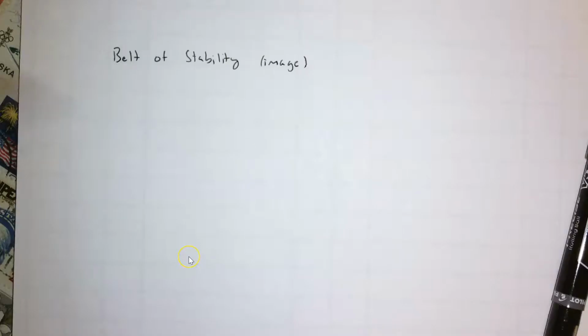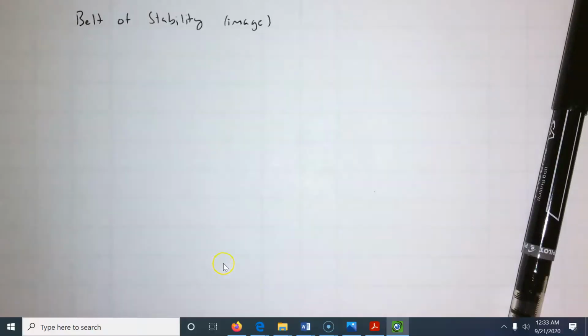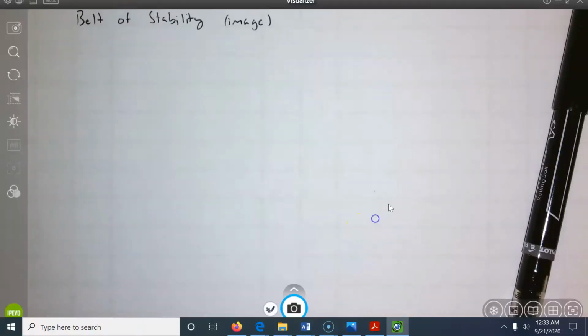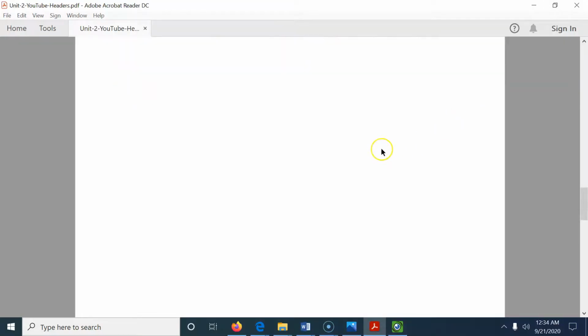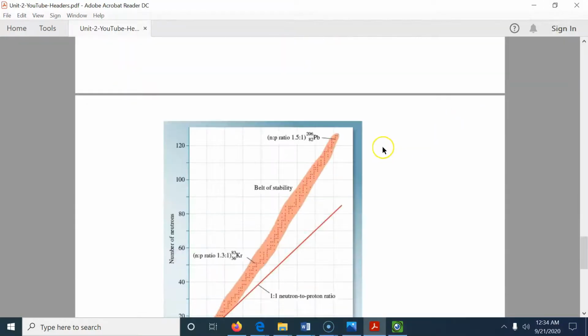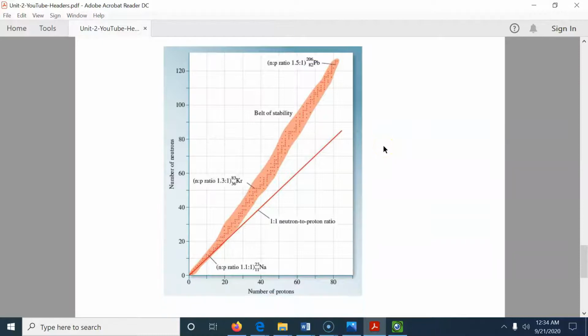Let me show you an example of a belt of stability image. Remember, one of the trends was if the atomic number is 20 or less and your neutron to proton ratio is close to 1, then that isotope is stable.